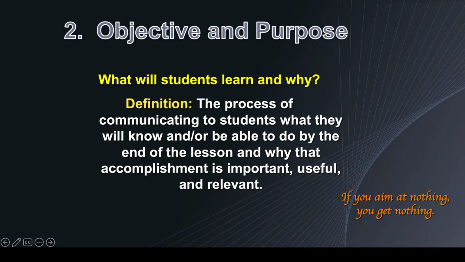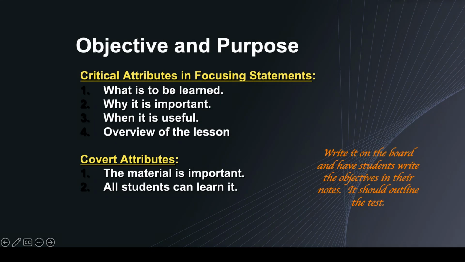But you want to tell them what they're going to learn, but also important is you tell them why. Why do I need to know this? Why do I need to know the Pythagorean theorem? How can I use that? And that's a key to getting kids on board. Why? And that's sometimes hard to explain to kids.